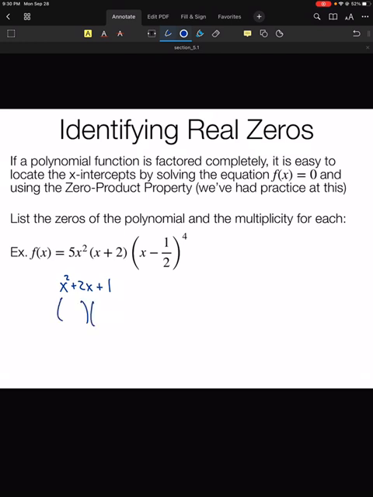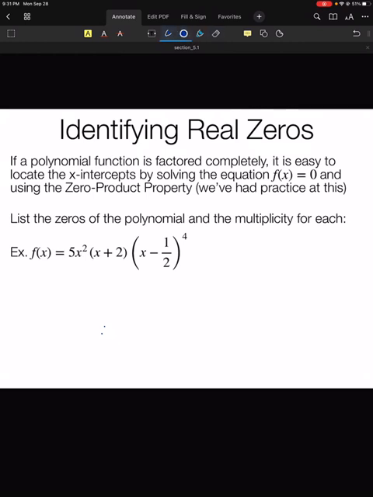We could factor that into the form x plus 1 times x plus 1 equals 0. And then we use the fact that if either of these is 0, then the whole thing will be 0. That is called the zero product property.